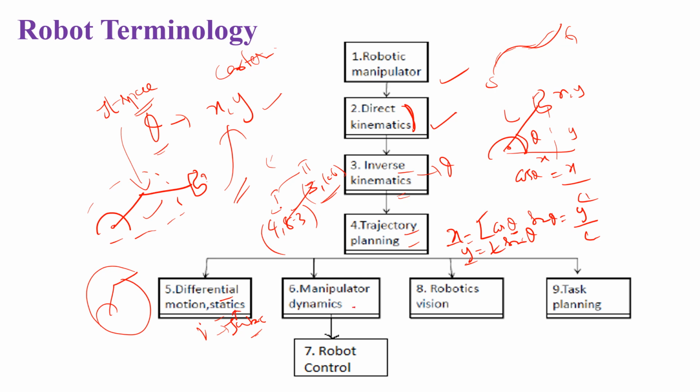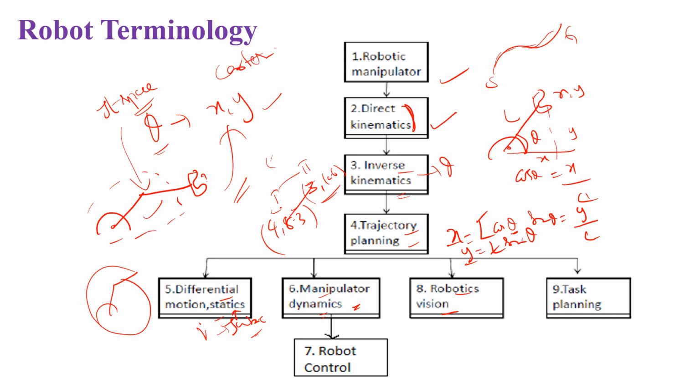Then manipulator dynamics, because once we make the robot reach a particular position, if there is an object to be gripped, we need to know the force. That force information will be given by manipulator dynamics. Then robotics vision. Even though we have sensors, we should use a camera to read the location.